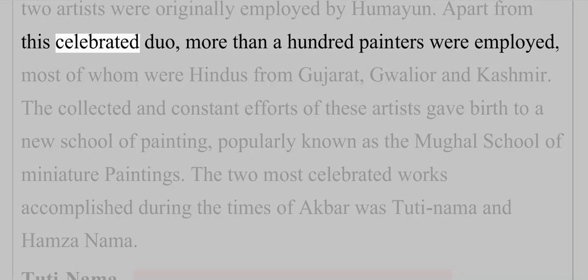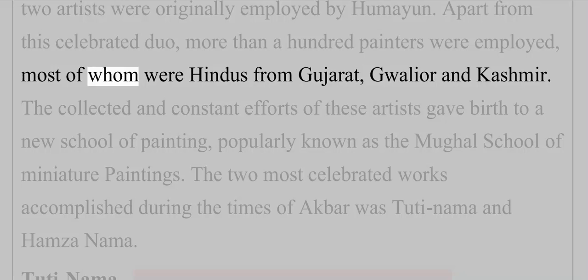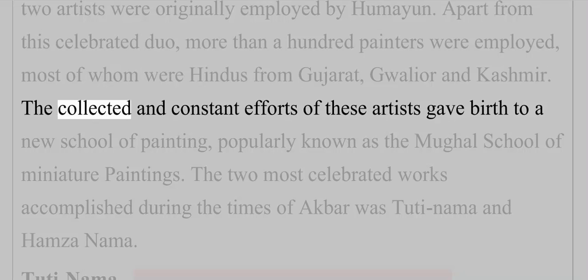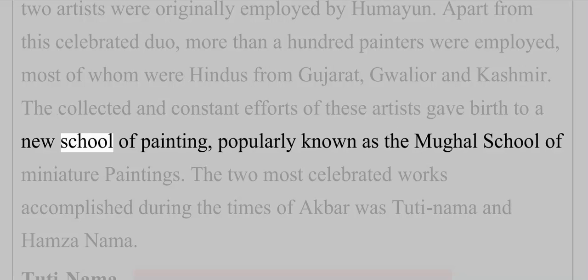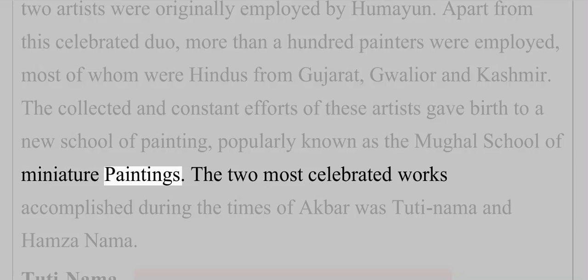Apart from this celebrated duo, more than 100 painters were employed, most of whom were Hindus from Gujarat, Gwalior and Kashmir. The collective and constant efforts of these artists gave birth to a new school of painting, popularly known as the Mughal school of miniature paintings.